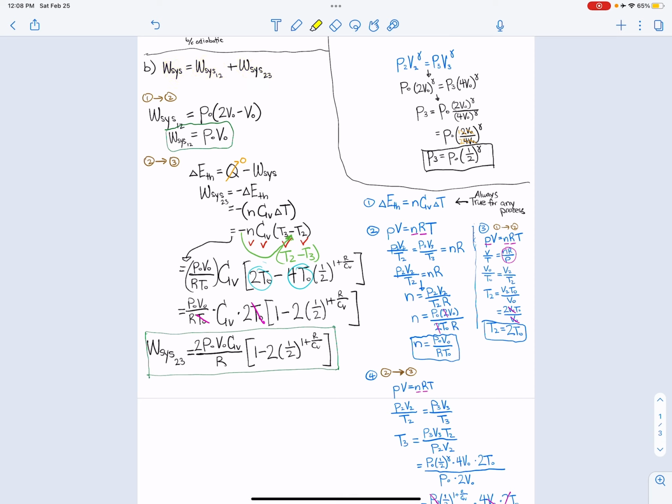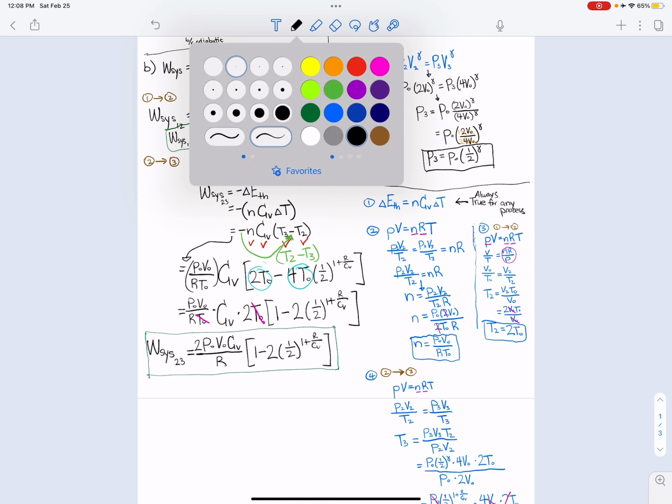And we already have the values for both of these, so at this point we just need to add them, right? This was our first work done by the system from state 1 to 2, and then add it with the work done by the system from state 2 to 3. Okay? So let's do that.